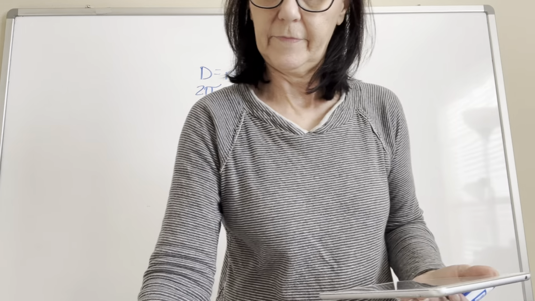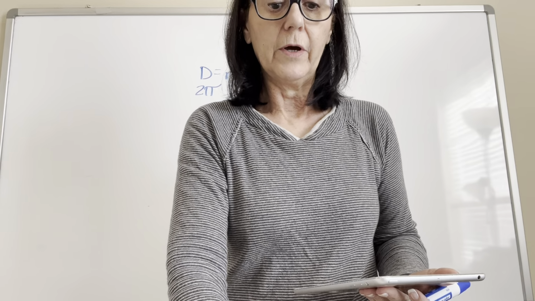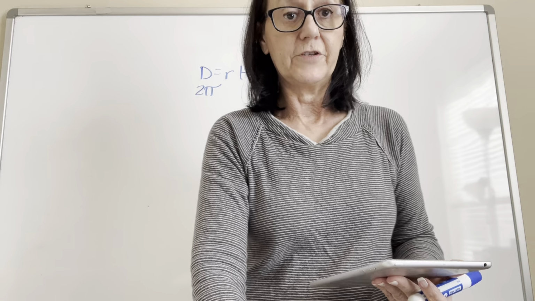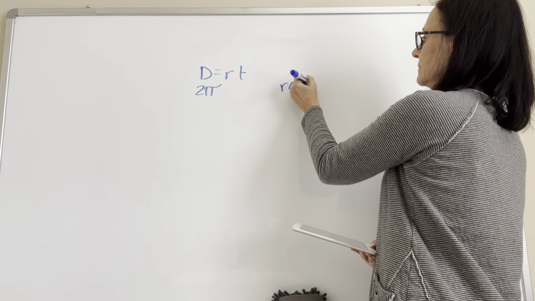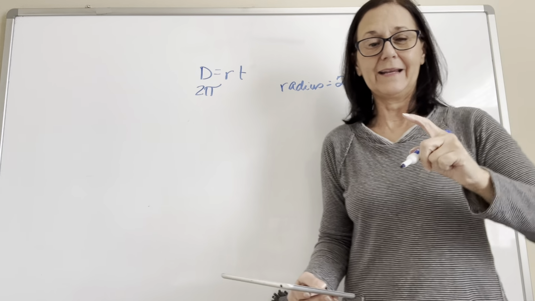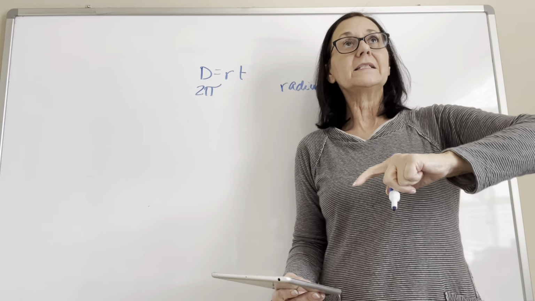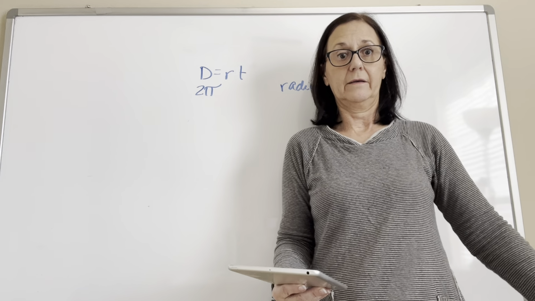Look at example 2, on the top of page 550. It says a wheel with a radius of 2. Think about the radius. The radius tells me how high up I'm going and how low down I'm going.